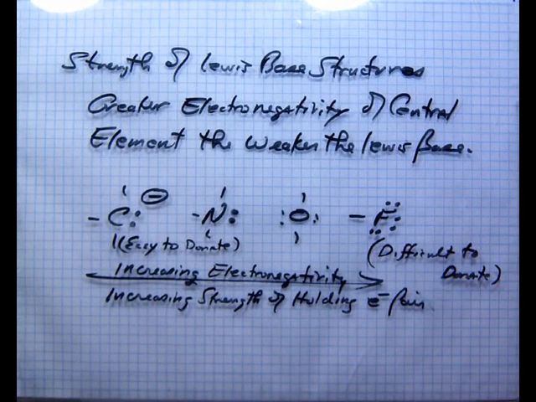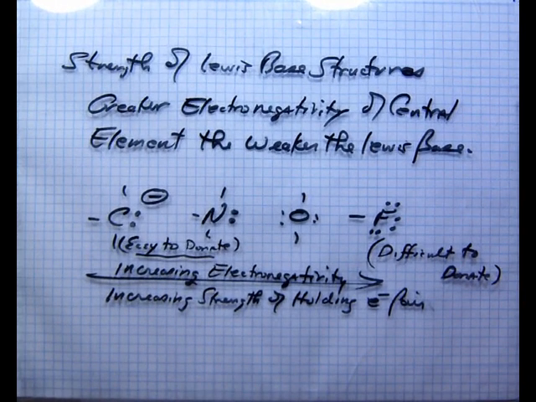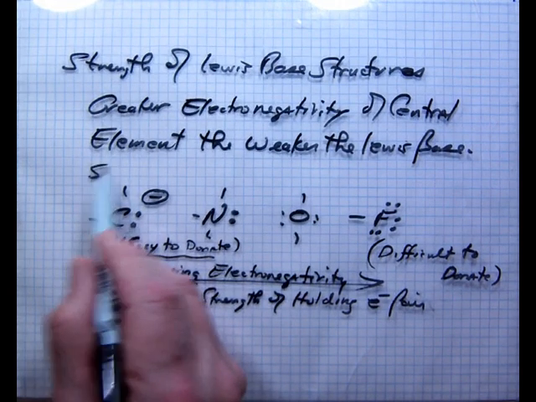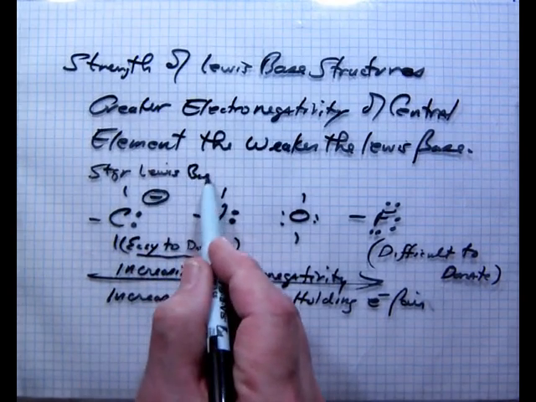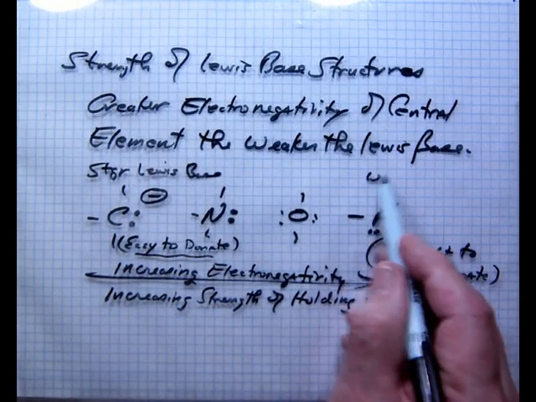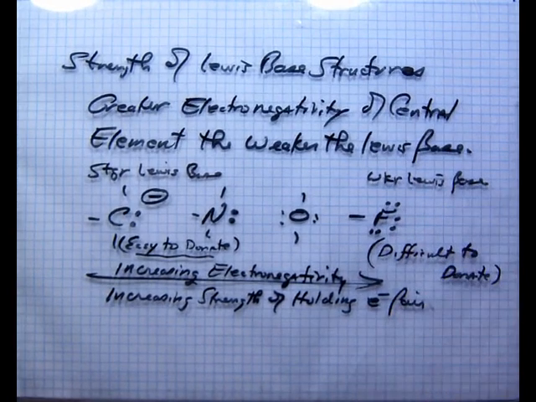In terms of strength of Lewis base here, the one that donates easiest is the stronger base. So we have a stronger Lewis base here and a weaker Lewis base here. Now, what does this mean in the big picture?